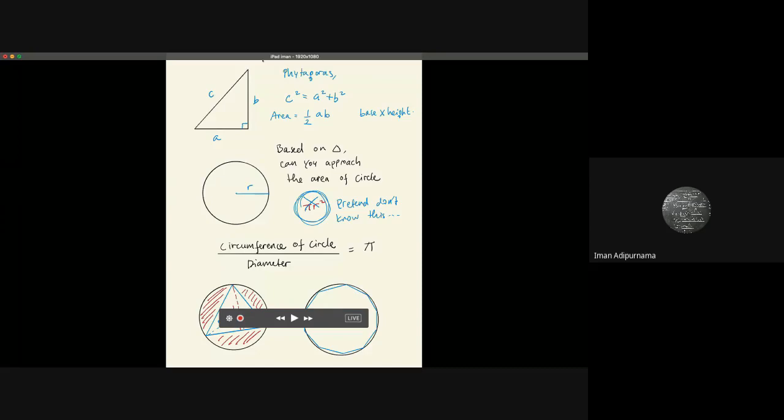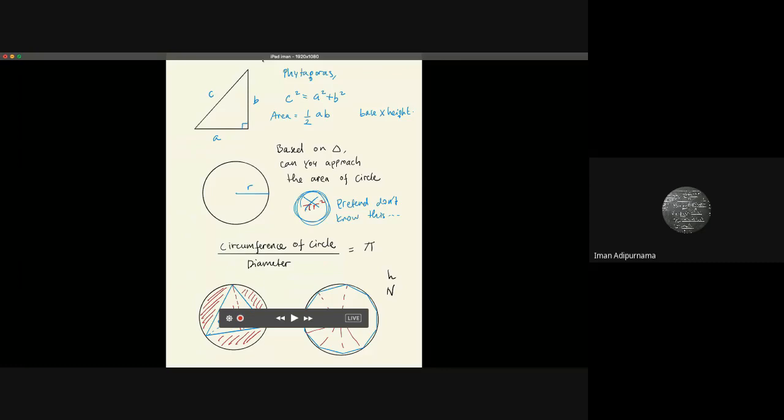Each of these polygons, we can separate like this, and you can have a lot of triangles, right? Let's say the number of triangles is n. The height of the triangles is h.